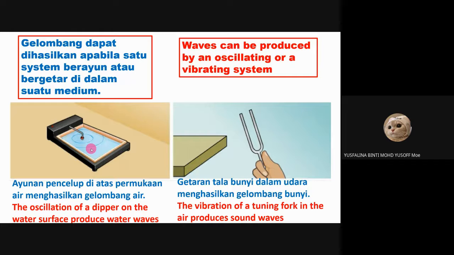The oscillation of a dipper on the water surface produces a water wave. The vibration of a tuning fork in the air produces a sound wave. So this one produces a water wave, and this tuning fork will produce the sound wave.